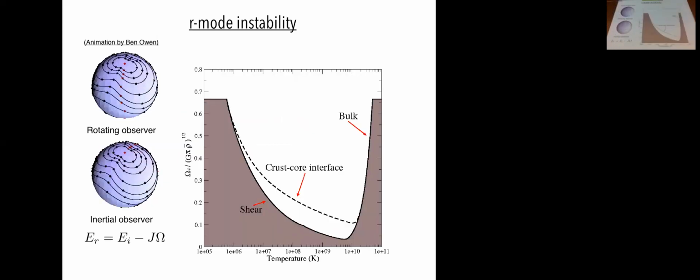And for a standard neutron star model, so neutrons, protons, electrons, no exotic particles in the core, no dynamically significant superfluid degrees of freedom or magnetic fields like this, you have an instability window that looks like this. So this is the rotation rate of the star, normalized. This is core temperature. And in these dark regions, the mode is damped either by bulk or shear viscosity. But you have a whole region over here where the mode could be unstable.